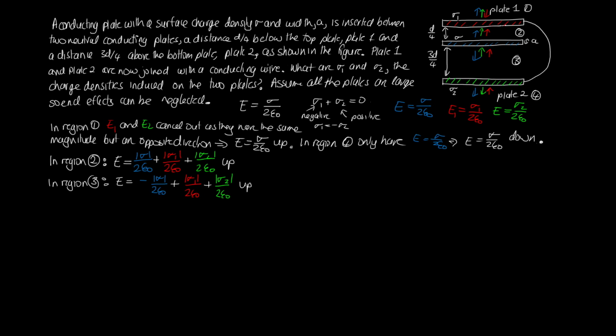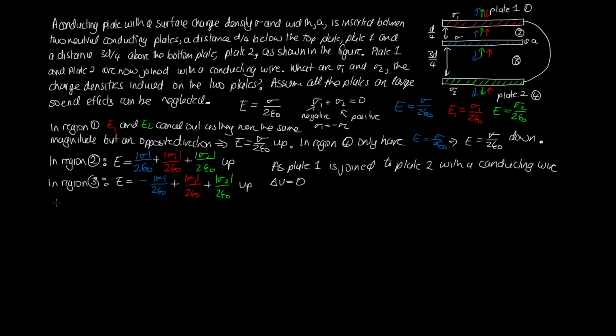Now, we're told that plate 1 and plate 2 are joined with a conducting wire. So physically, that means that there is no potential difference between plates 1 and 2. So as plate 1 is joined to plate 2 with a conducting wire, the potential difference between them is equal to 0.